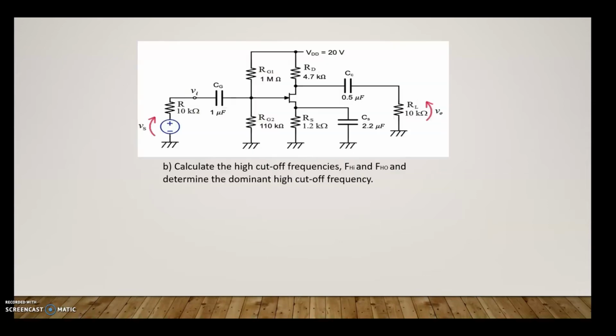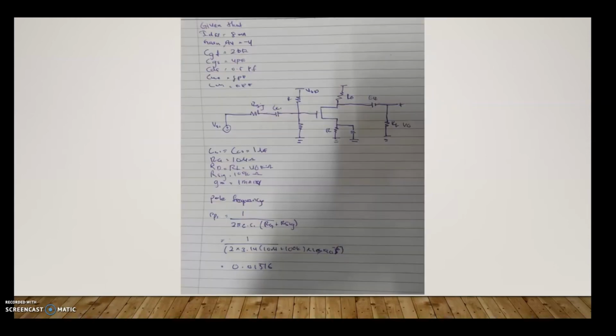So I'm here to explain about the analysis and solution for question B. This is the question that I've been given, and question B is calculate the high cutoff frequency FHI and FHO and determine the dominant high cutoff frequency. As the question gave, IDSS equal to 8 mA, gain -4, CGD 2 pF, CGS 4 pF, CDS 0.5 pF, CWO 8 pF, and CWI is 6 pF.